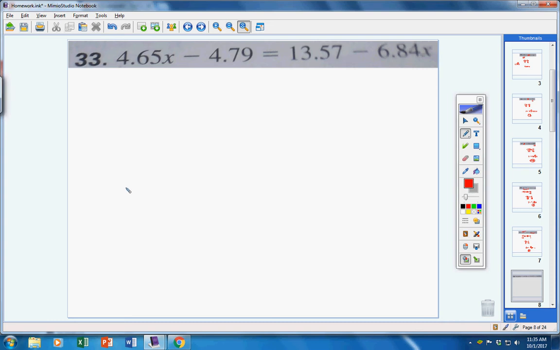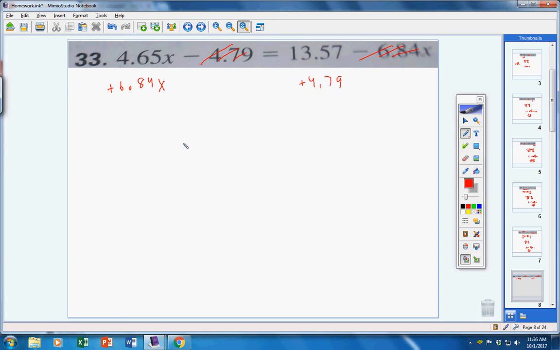Step 1, simplify both sides. Nothing I can do. Step 2, eliminate fractions. Nothing. Next step, move your variable terms to one side and your constant terms to the other side.